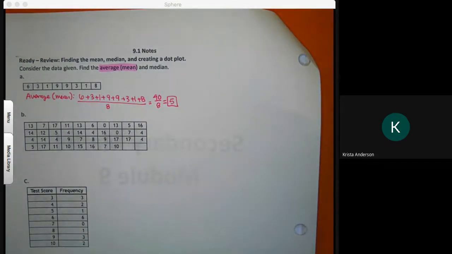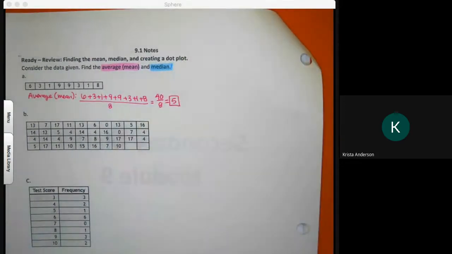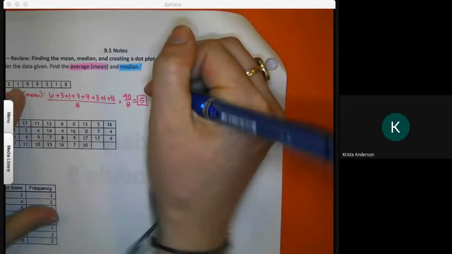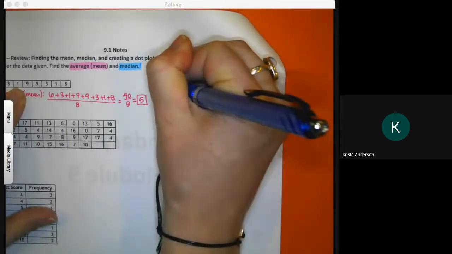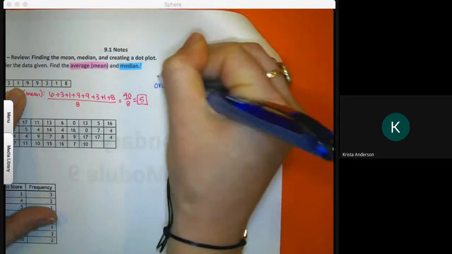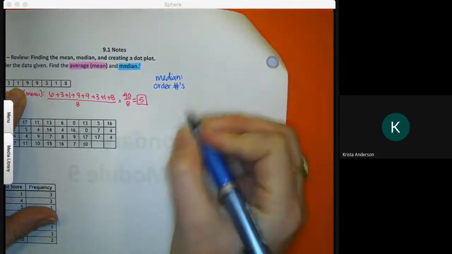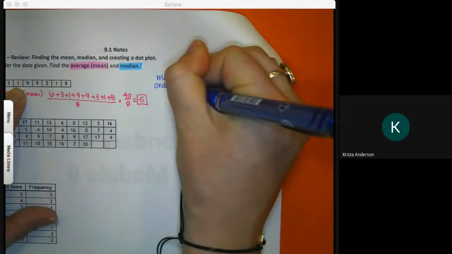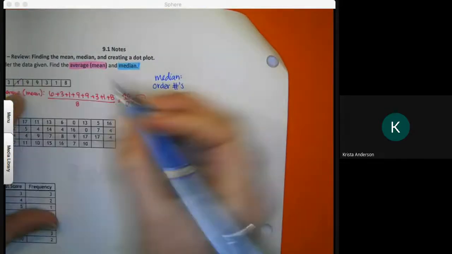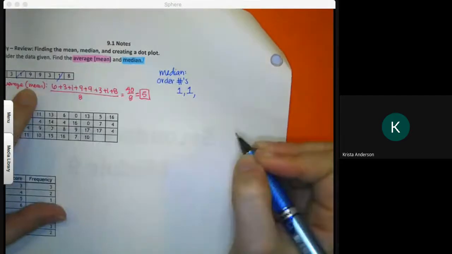I then will find the median. This is the one where it's a little bit of busy work. I have to organize my numbers in order. So I would have a 1, comma, another 1, comma. What's after 1?